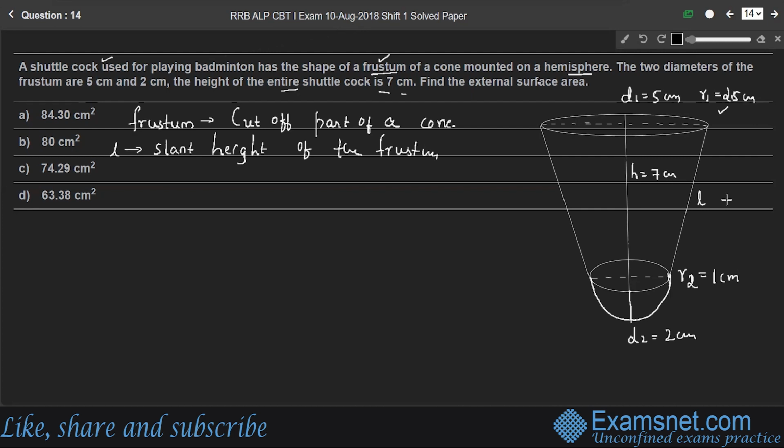How to find slant height? To find slant height, we are not considering the whole height of the cock. Here 7 centimeter is the height of the cock, right?